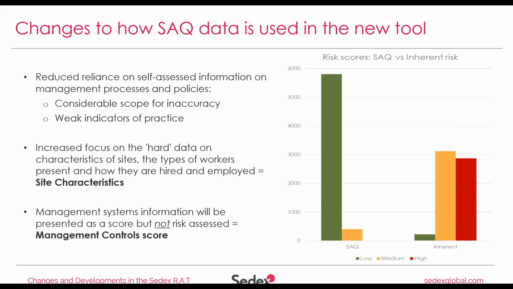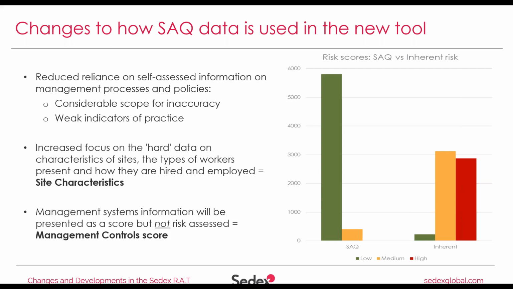And then if you look at the inherent risk scores relating to those sites, you see a sort of almost mirror image, with very few low risk sites and then quite high numbers of medium and high risk sites. And then if you bring that together into an overall score, there is the potential to sort of artificially reduce or dampen the overall risk score.